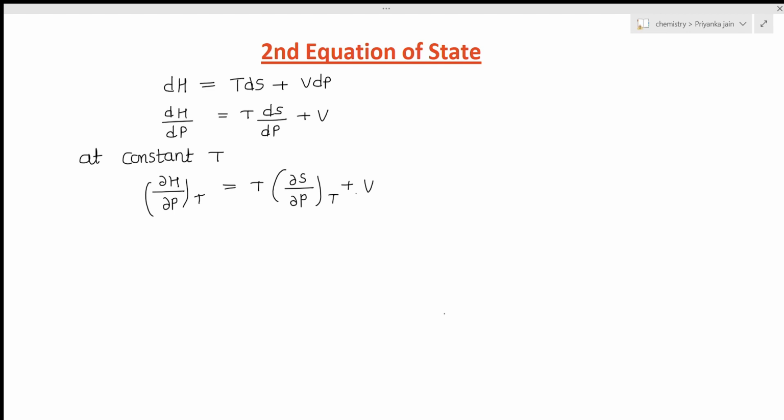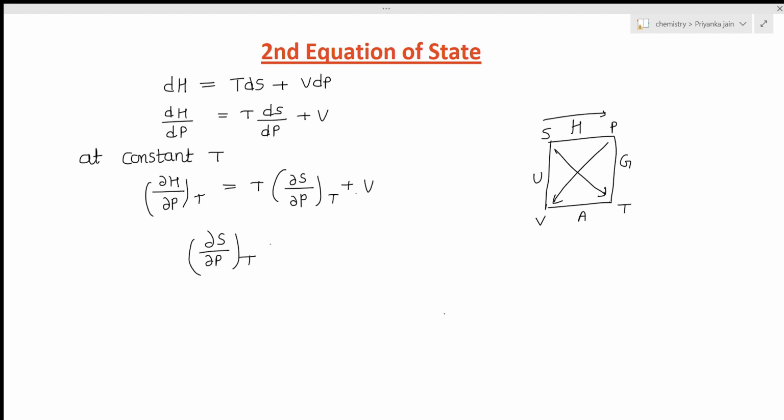Now here is the term ∂S. So we will have to substitute it by temperature, volume or pressure terms. For this we will use the Maxwell relationships. So S, P, T and V, H, G, A, U. Now see here, you have been given ∂S/∂P. So ∂S/∂P at constant temperature is equal to ∂V/∂T at constant pressure.